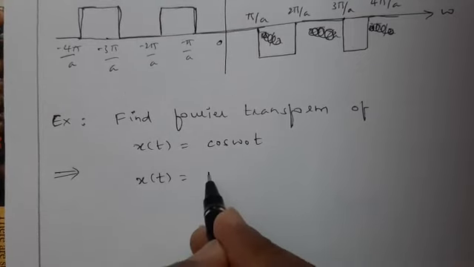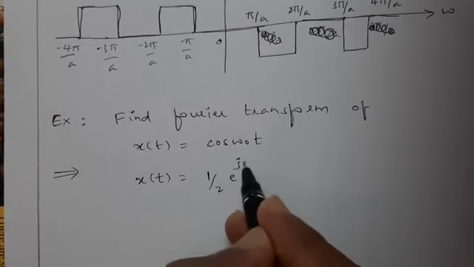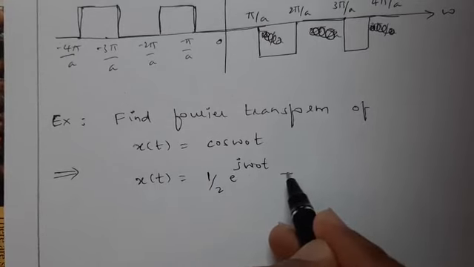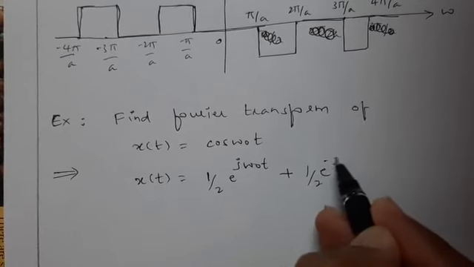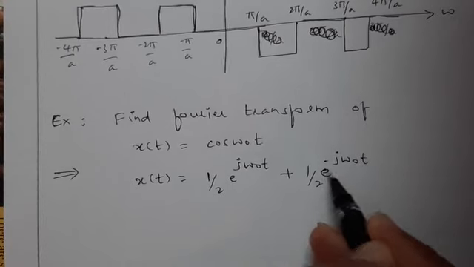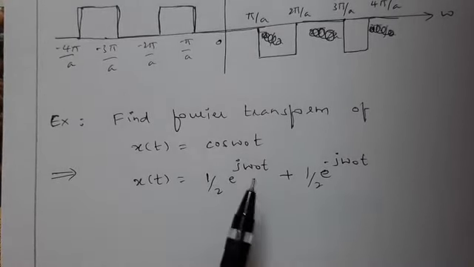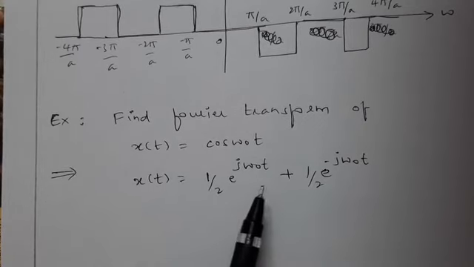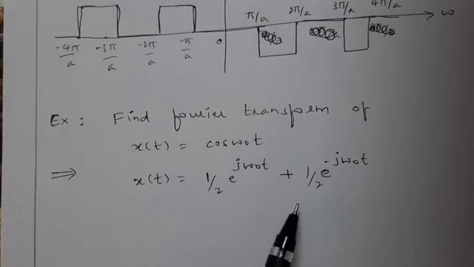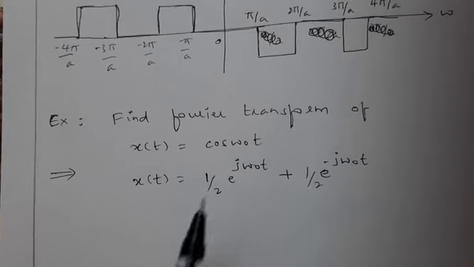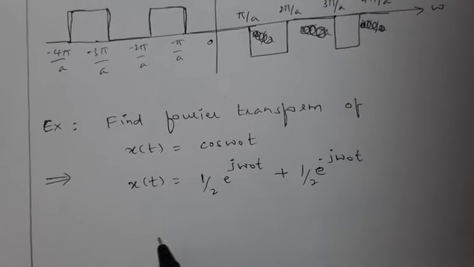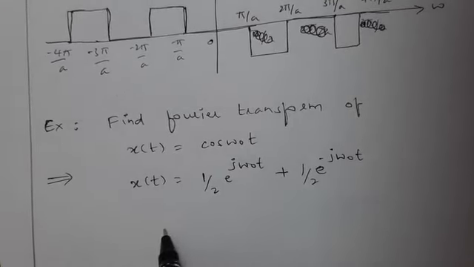That is half e to the power j omega naught t plus half e to the power minus j omega naught t. What I have done is represent cos omega naught t in terms of exponentials. That is, e to the power j theta plus e to the power minus j theta divided by 2 is cos theta.